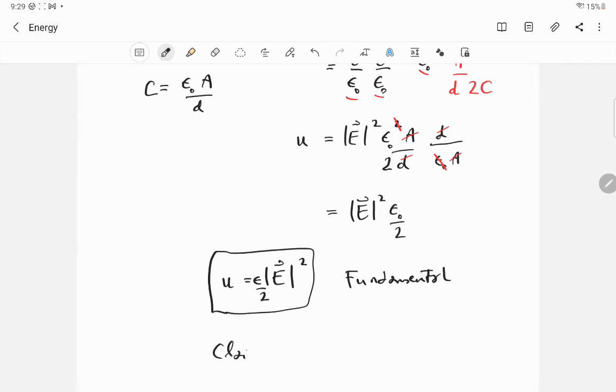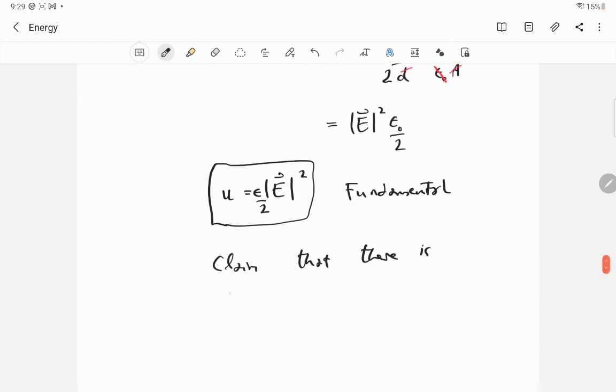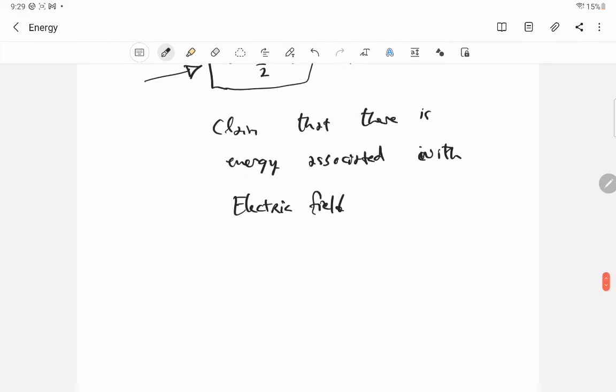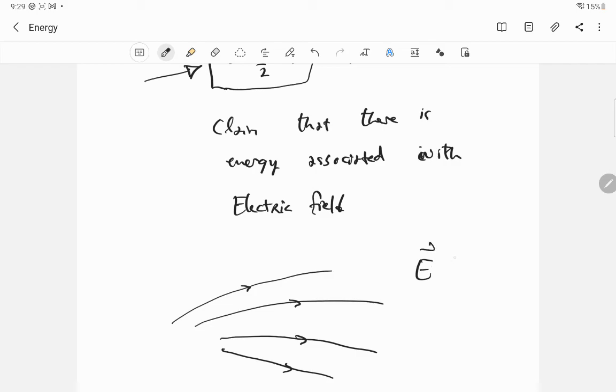We're going to claim that there is energy associated with electric field. And this is how you understand the energy. So the point is if you had an electric field, right? So here's some electric field line diagram. This electric field is a function of spatial coordinate, right?